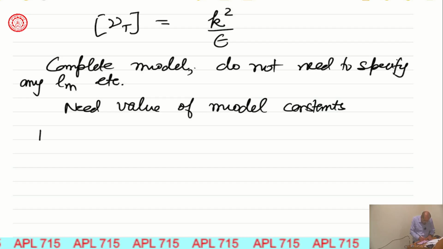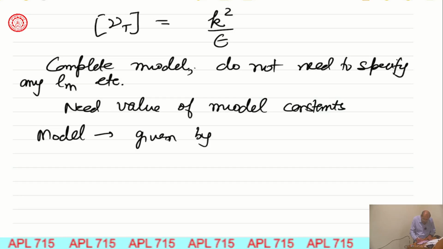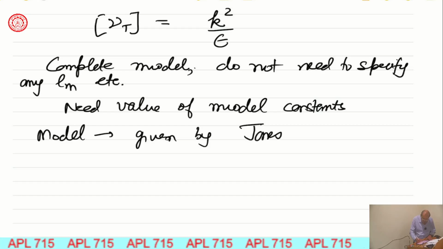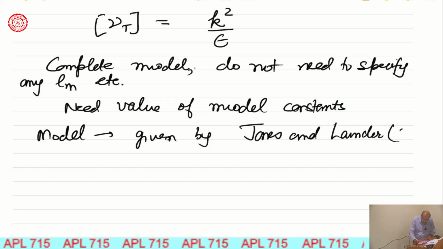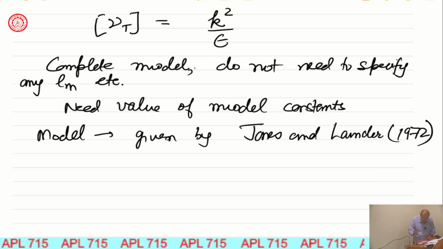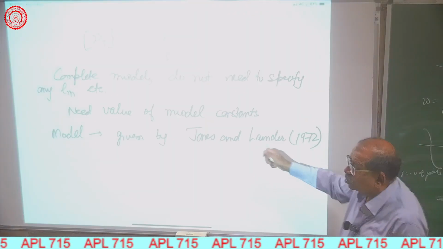Now this k epsilon model probably first came in the complete form by Jones and Launder.